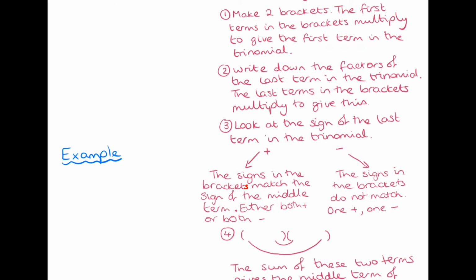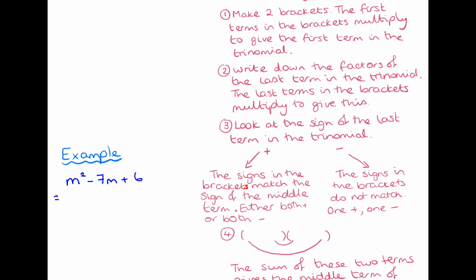Okay, so our last example for today, we're going to use a different letter. We'll use m. So m squared minus 7m and plus 6 this time. So let's follow our steps through.